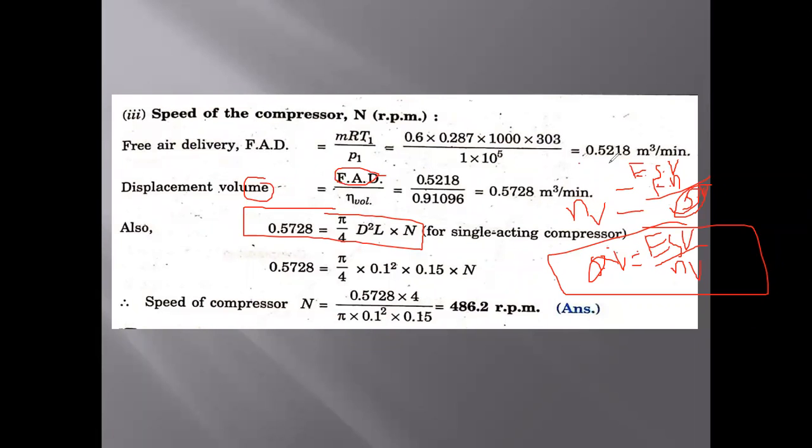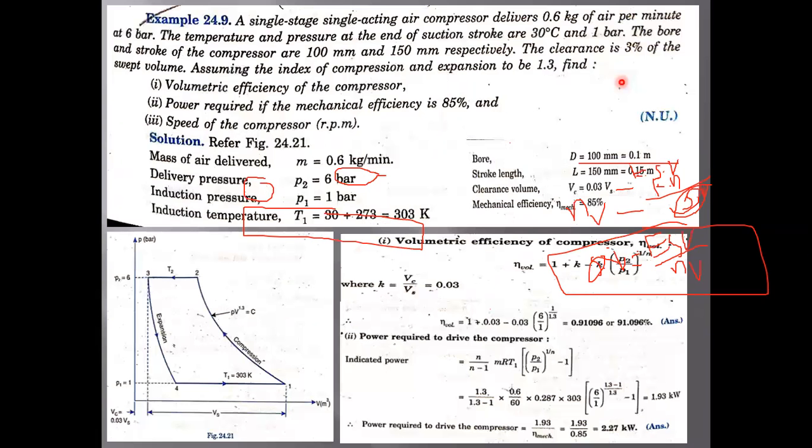We already found 0.5218, and this volumetric efficiency has already been given here, right? How much volumetric efficiency has been given? Let's see.